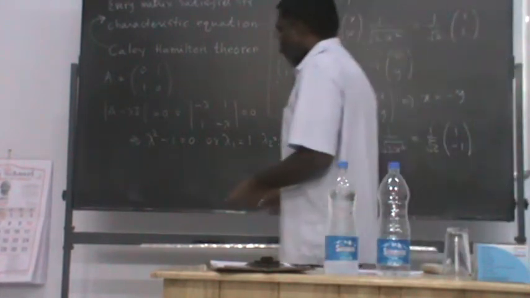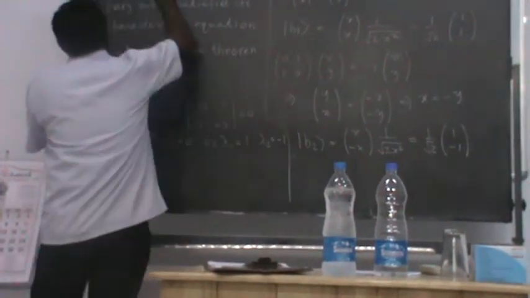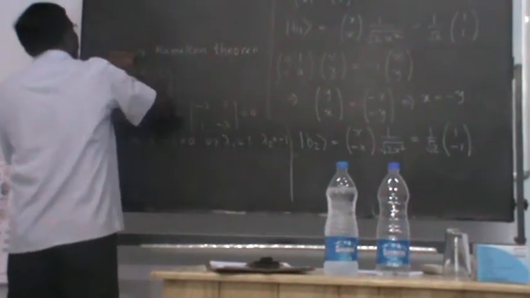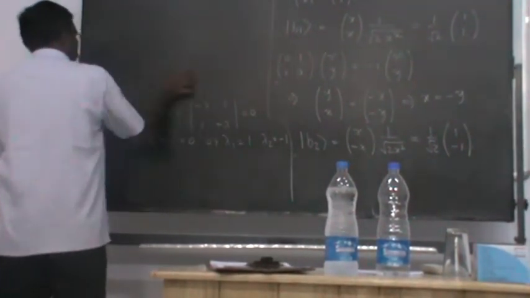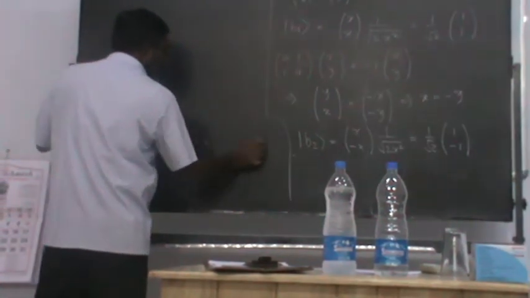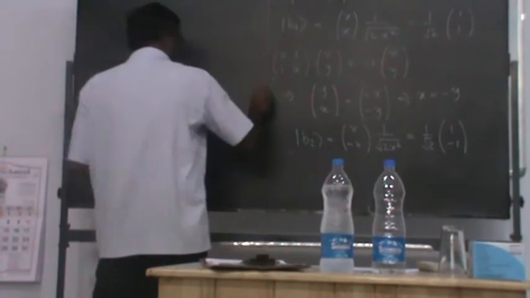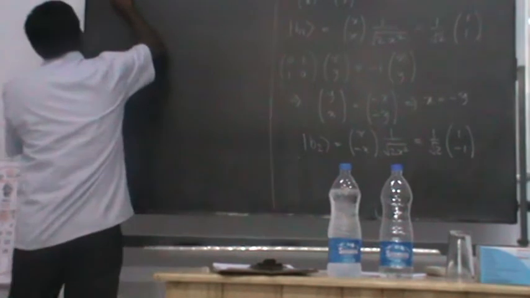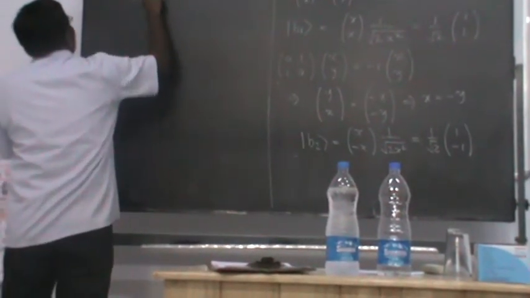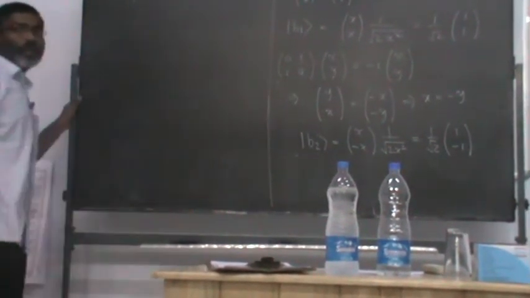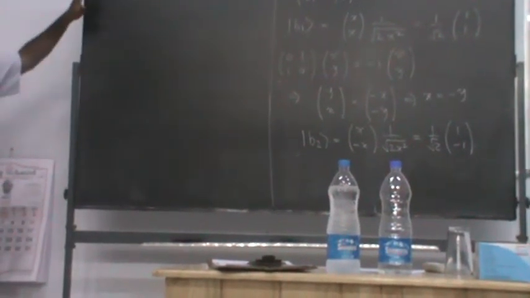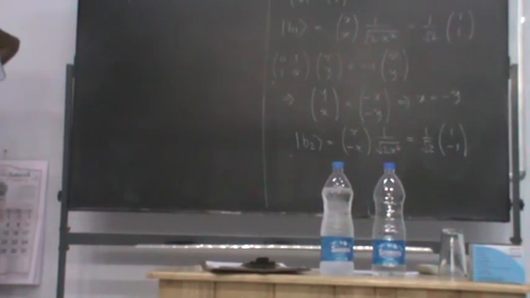Okay, so now we know the transformation matrix. Here you have to do one thing: when I gave you this matrix A is equal to 0, 1, 1, 0, nobody told me what is the basis in which this matrix is of this shape.